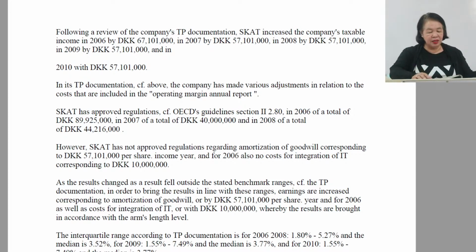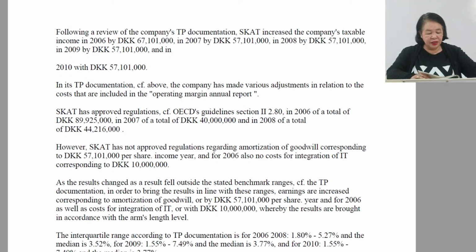And in 2010, with Danish krone 57,101,000, no? So, yun lang yung kanilang dinisallow, yung goodwill charged to operating expense. No?